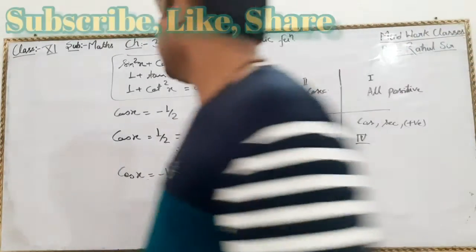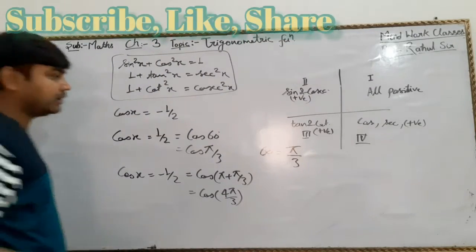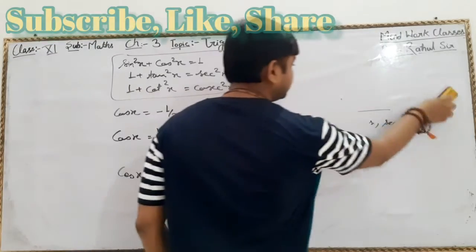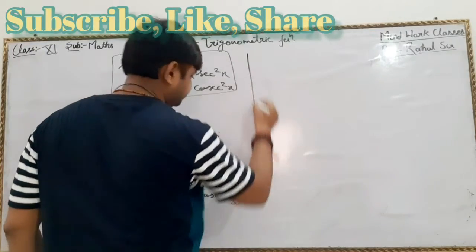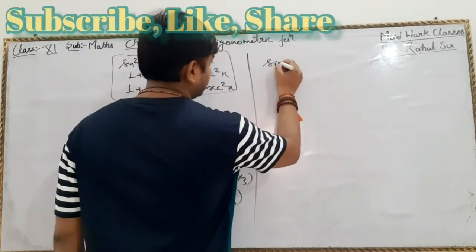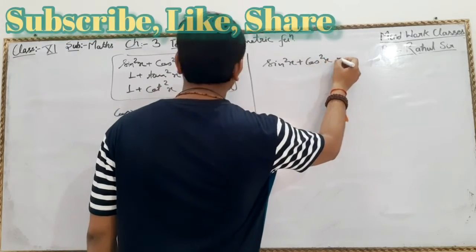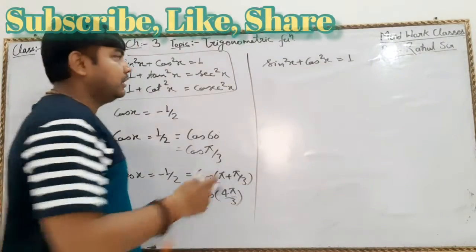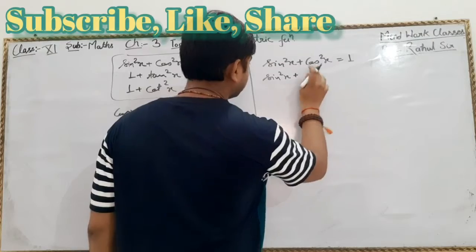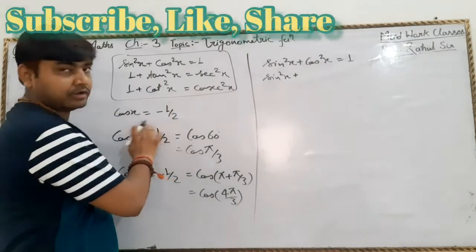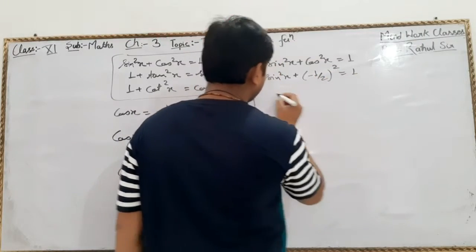Now, if this is the case, you can use the first formula to find out the value of sin x. How can we do this? Sin square x plus cos square x equal to 1. Now, sin square x plus, what is the value of cos x? Cos x value is minus half, so we put minus half, the whole square, equal to 1.